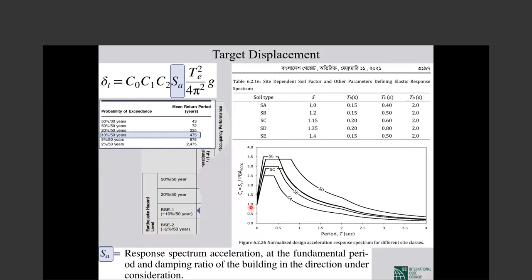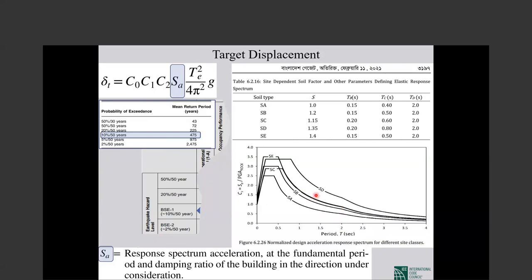Is there any way that we get a good estimation of the displacement? Yes, of course. Just as estimation, it is not accurate, but if you have the period of the building, calculate the omega of the building. It is usually 2 times pi divided by T. So you get the omega.